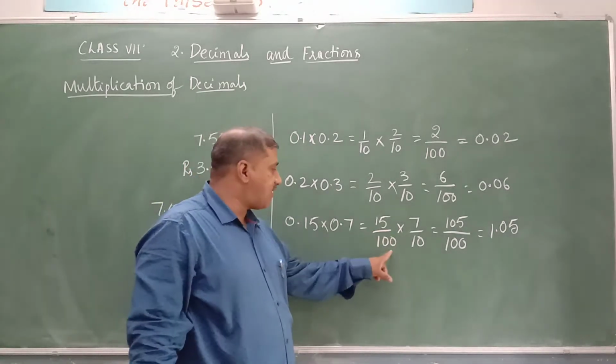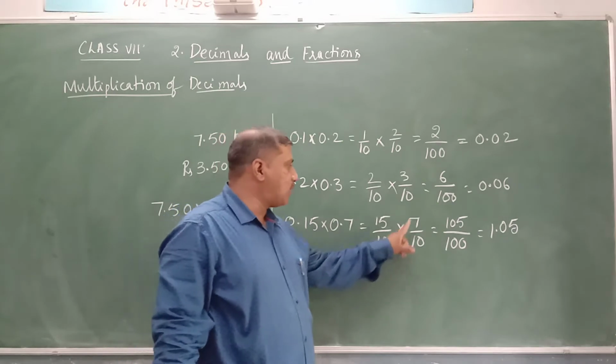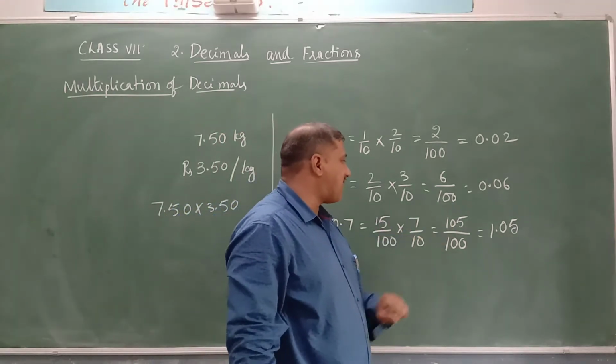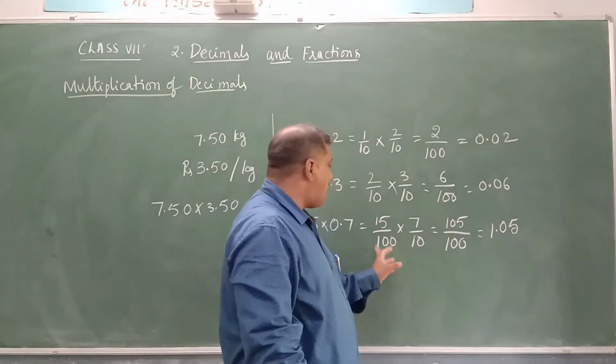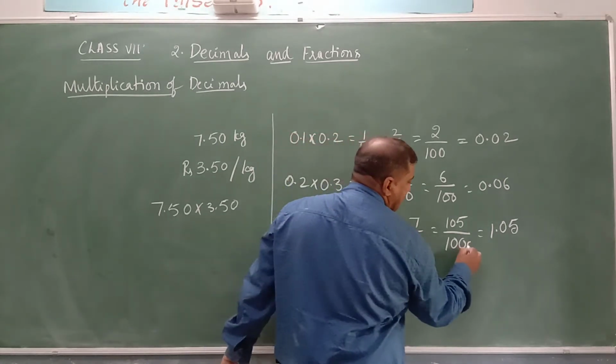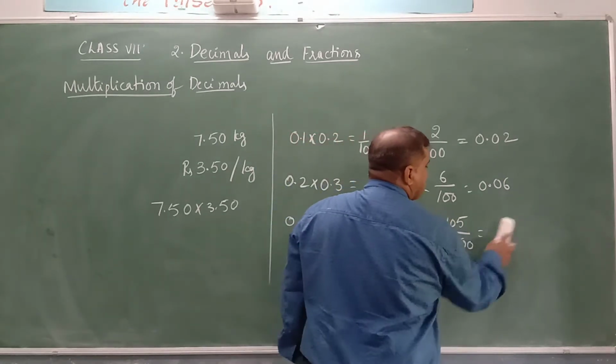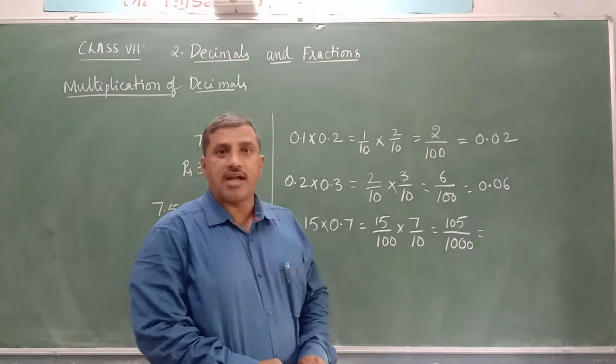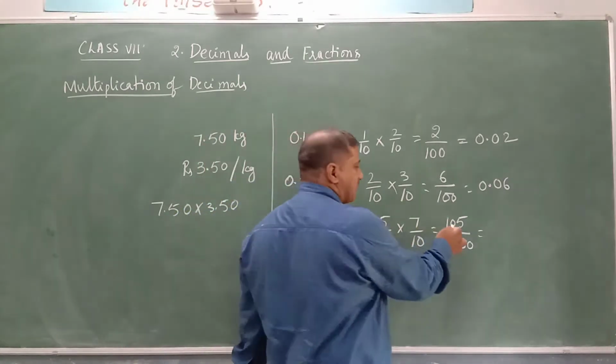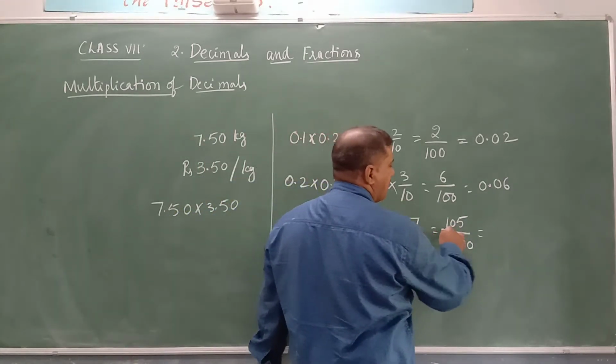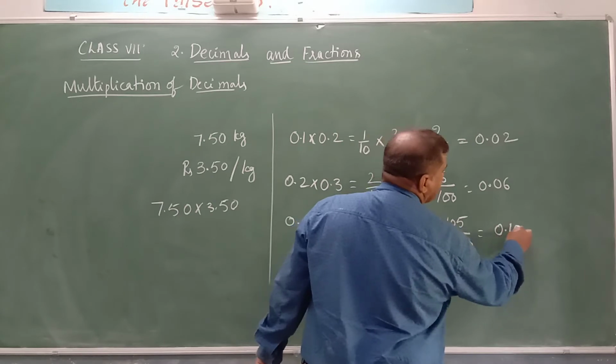So 15 by 100 into 7 by 10. 15 into 7 is 105. 100 into 10 is 1000. Therefore, the decimal point will come after 3 digits, that is 1, 2, 3. We get 0.105.